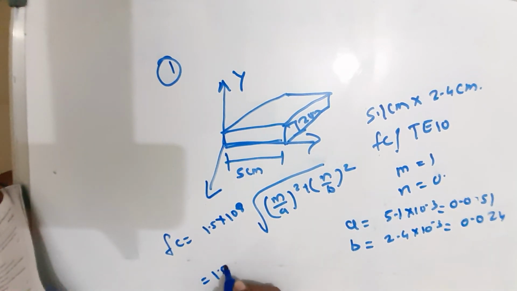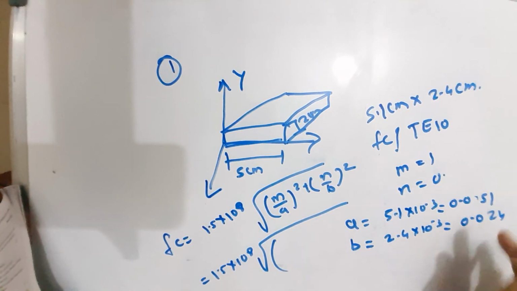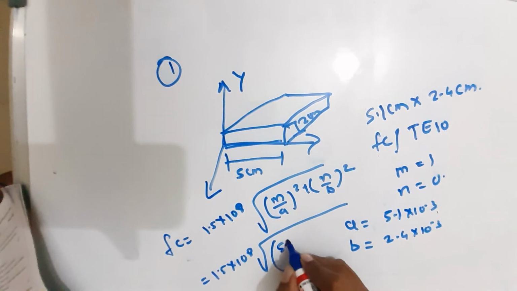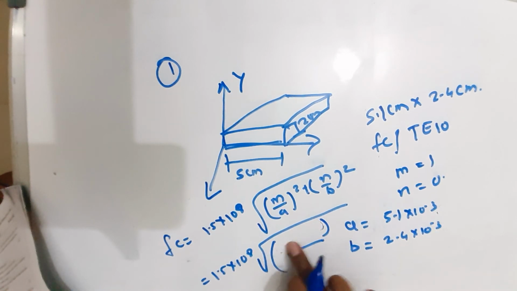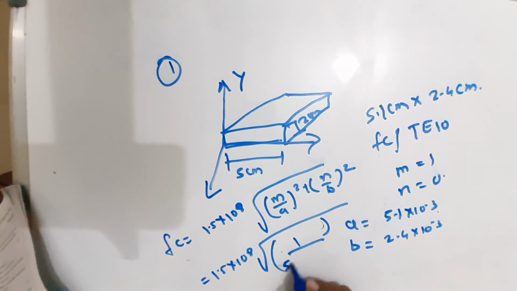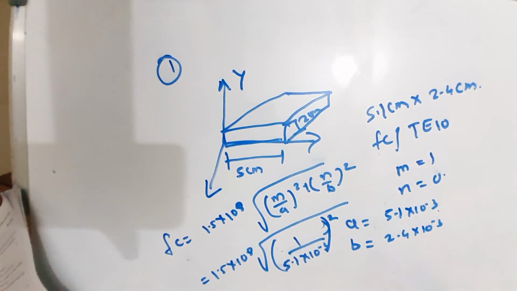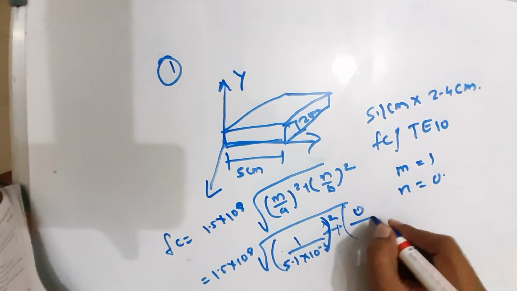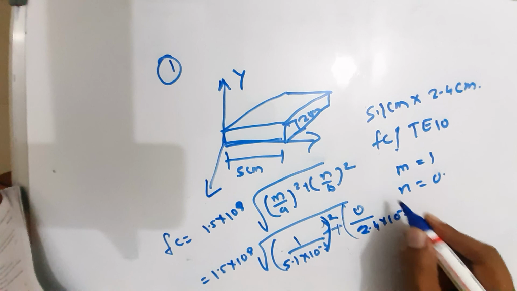Put m is 1, a is 5.1 into 10 raised to minus 3, in bracket square, plus n is 0 divided by b, where b is 2.4 into 10 raised to minus 3.